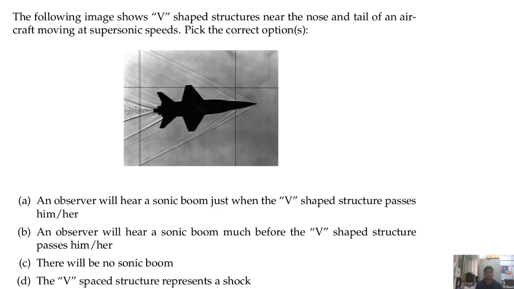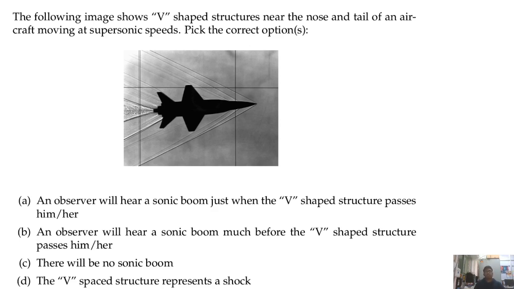which will be felt by the observer. Now, an observer will hear a sonic boom just when the V-shaped structure passes him or her, right? It will not be heard before the pass of the V-shaped structure.